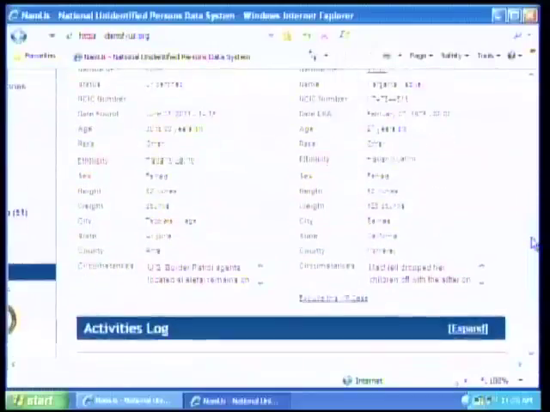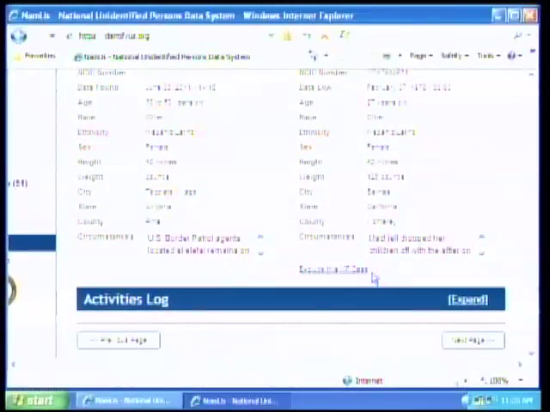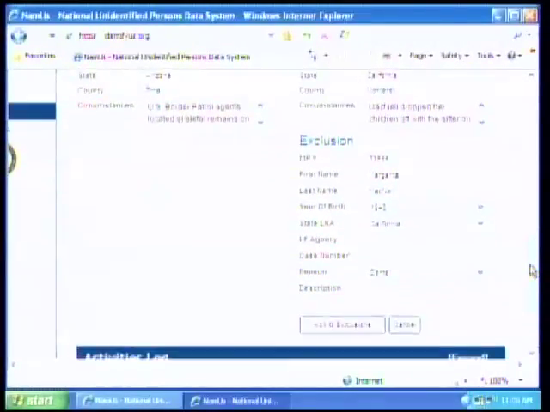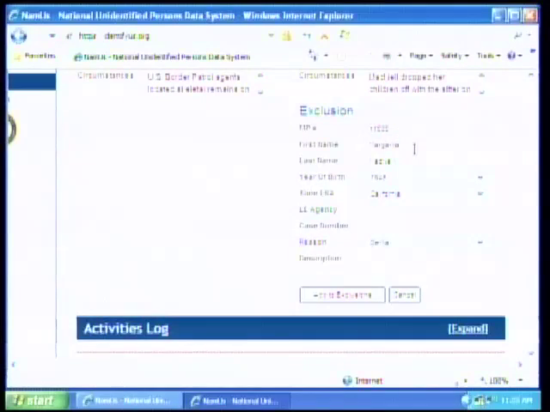Now, to show you what that exclude this MP case actually looks like, we'll go to the real site. We'll see here that we have a highlighted area that says exclude this MP case. We then have a drop down that lists the name of the person, her MP number, and the state she went missing from, and then we have to fill out, at least we should fill out, the reasons for the exclusion.